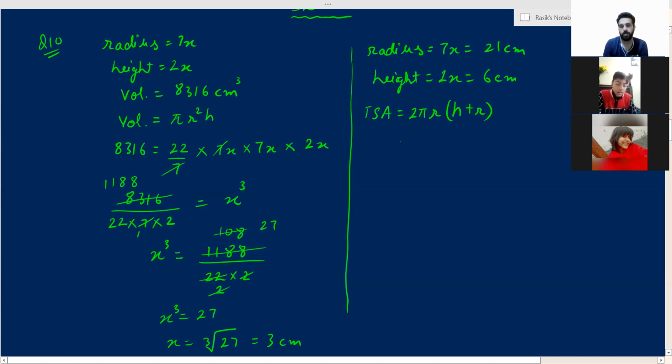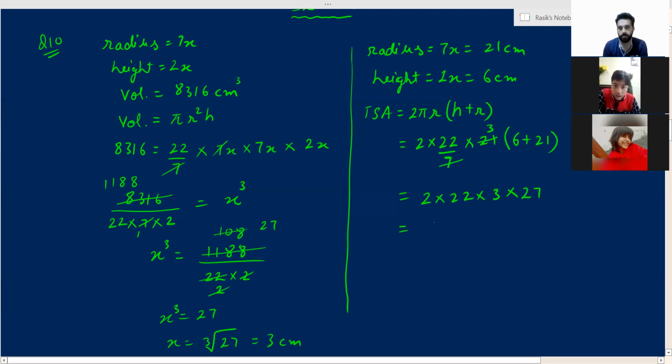This is the formula of TSA. 2 into 22 upon 7 into r, radius is 21, and h plus r is 6 plus 21. So let's cut it. 2 into 22 into 3 into 27.